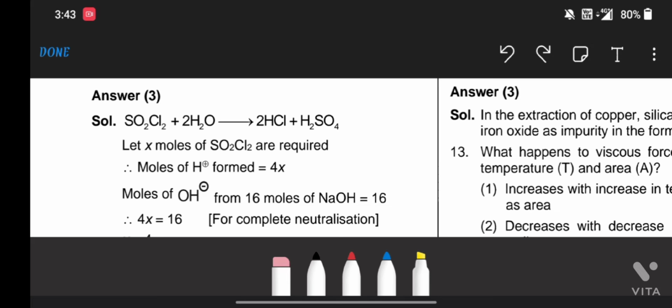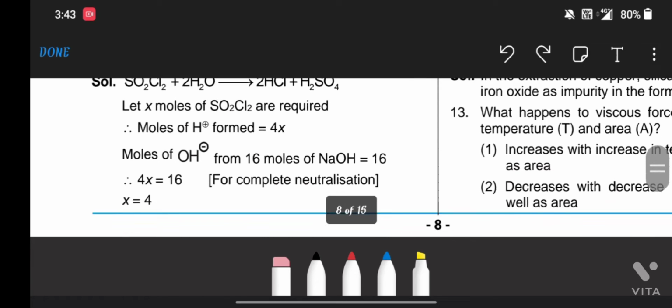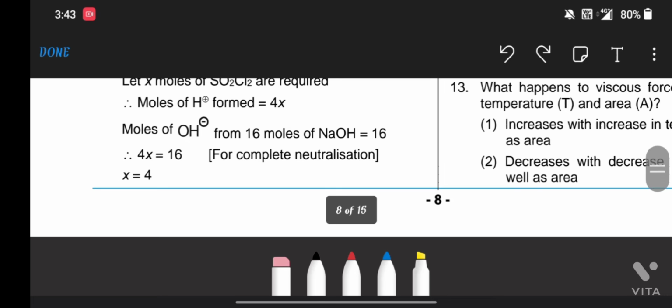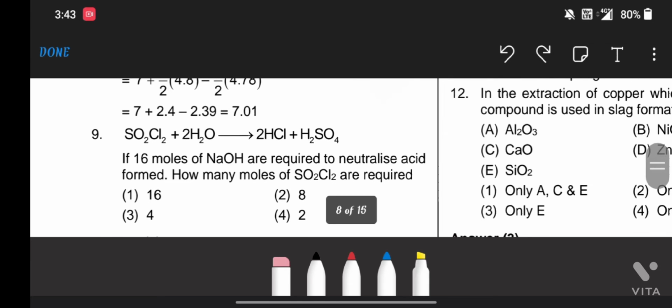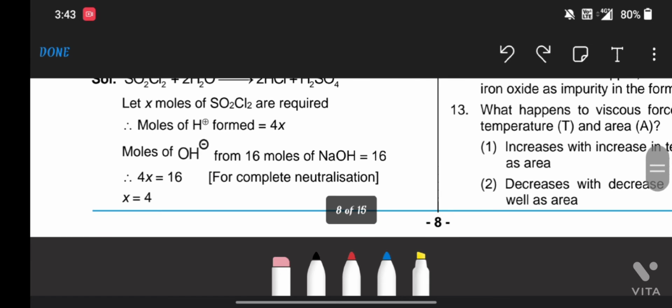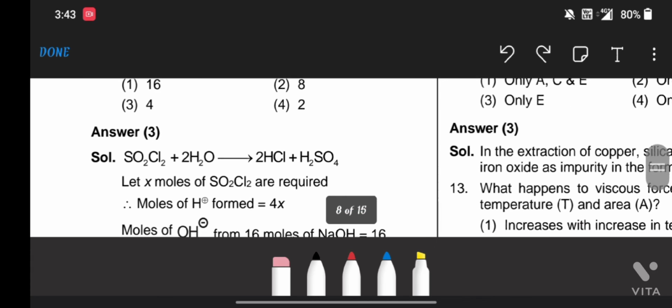Then moles of H+ formed is 4X, because the reaction goes from 2 to 4, so 4X. Then moles of OH minus from 16 moles of NaOH is equal to 16. So 4X is equal to 16, that is X is equal to 4.